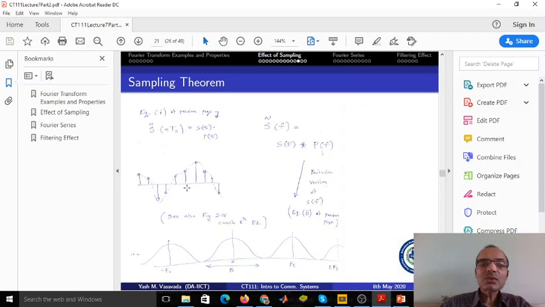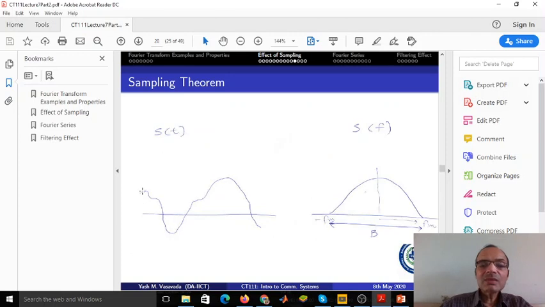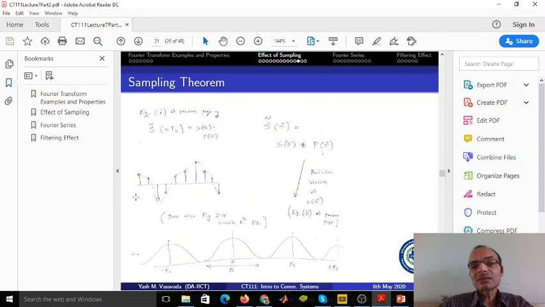Storing these samples and processing these samples inside a digital computer is the same as if you stored the entire analog signal and processed it. The question is, why is that the case?